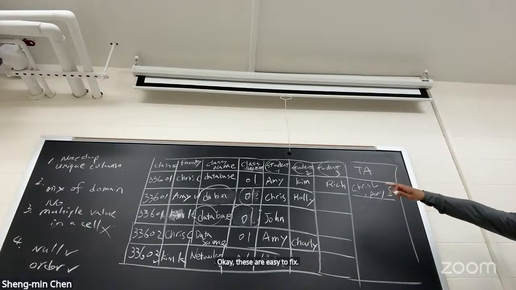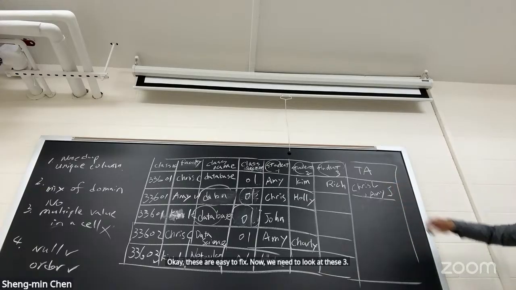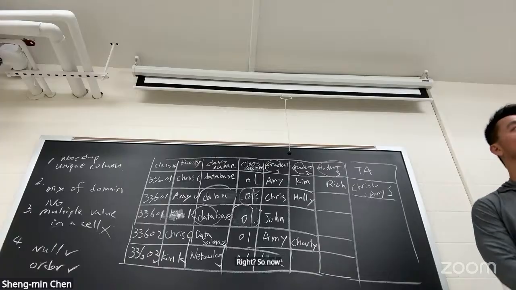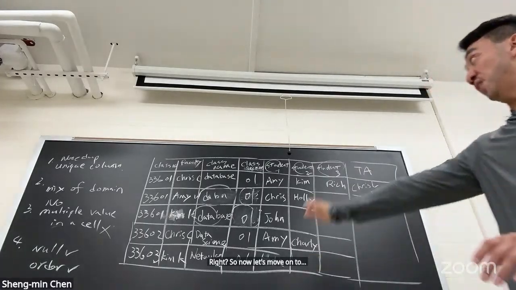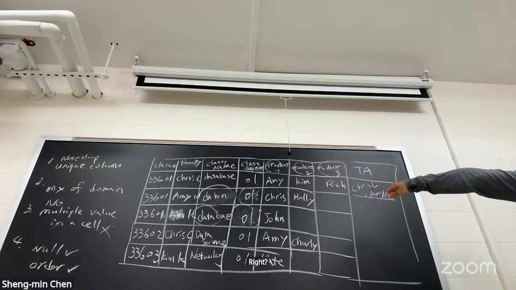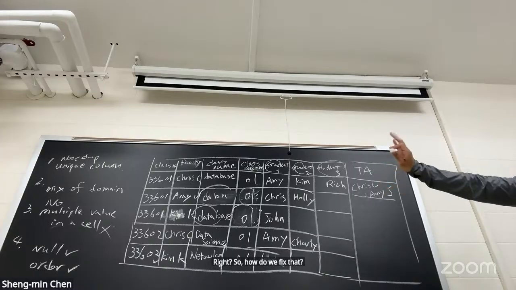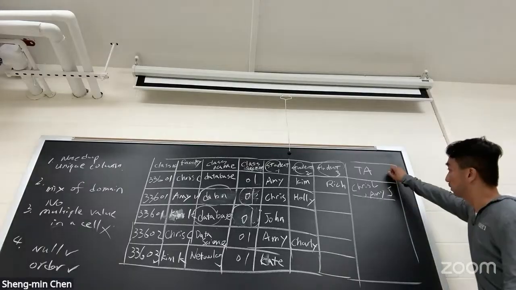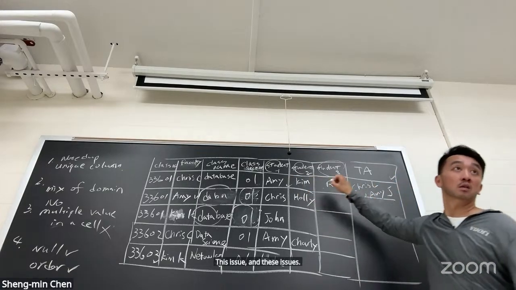Now, we need to look at these three and this. We need to fix that for first normal form. So how do we fix that so that it will match at least first normal form? This issue and these issues.